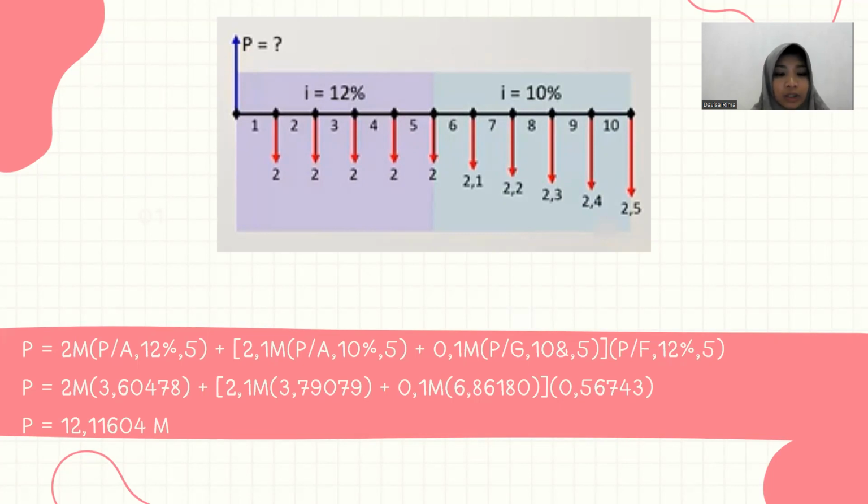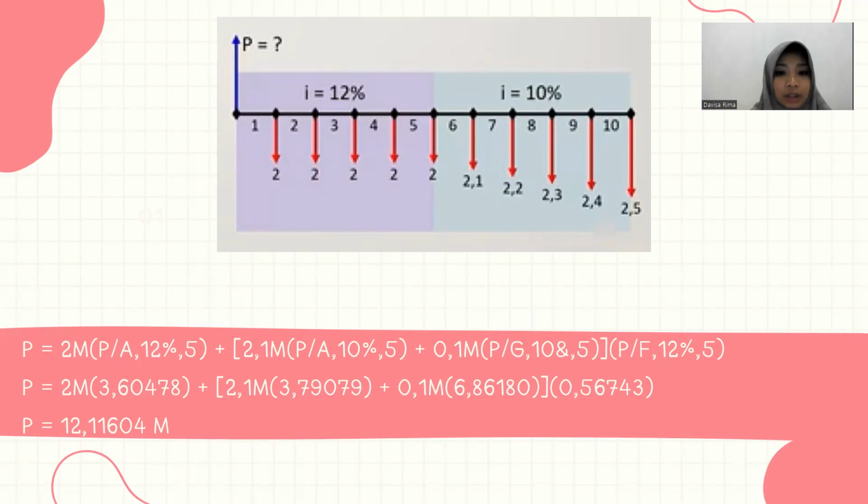So, then we still have to add to this equation the cash flow in the next 5 years. To calculate the cash flow in the next 5 years, we first remove the cash flow in the first 5 years. This cash flow in the second 5 years is 2.1 billion in the first year and always increases by 100 million every year.